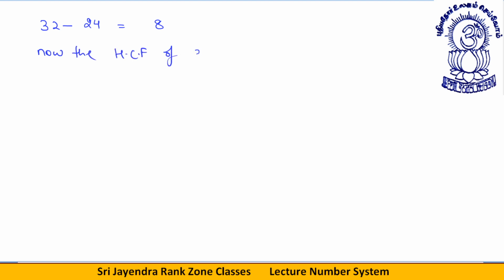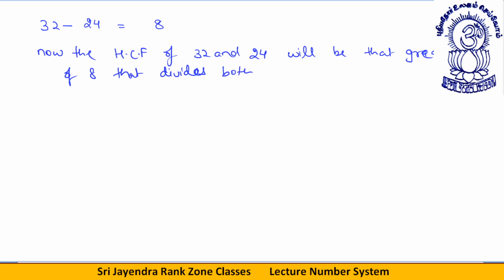The HCF of 32 and 24 will be the greatest factor of the difference, 8, that divides both 32 and 24.